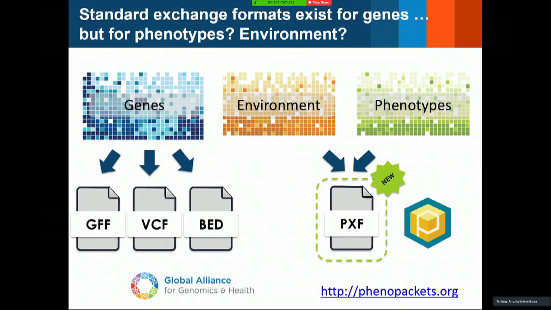And then finally, I just wanted to mention another effort that's part of the Global Alliance for Genomics and Health, which is a phenotype exchange format. We have lots of standards for exchanging genomic information and sequence data, but we really don't have a very good mechanism for exchanging phenotypic information. Fundamentally, one of the problems is that it gets locked up in the literature, whether it's patient data, patient descriptions of cases or cohorts, or model organism data.